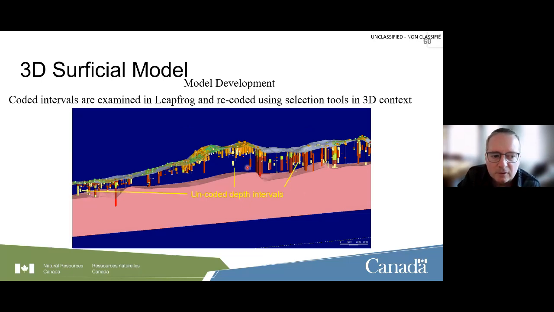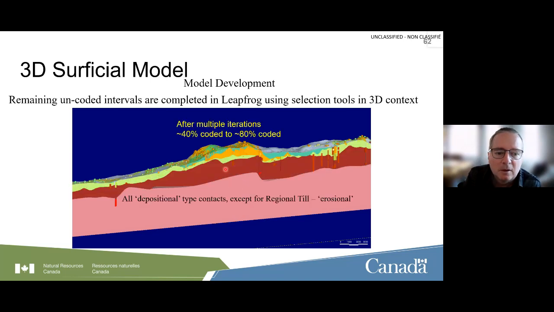Uncoded log intervals are also identified and coded where possible based on context. And so after multiple iterations, we get to the final model. We improved from approximately 40% auto-coded initially to approximately 80% coded for the final model.